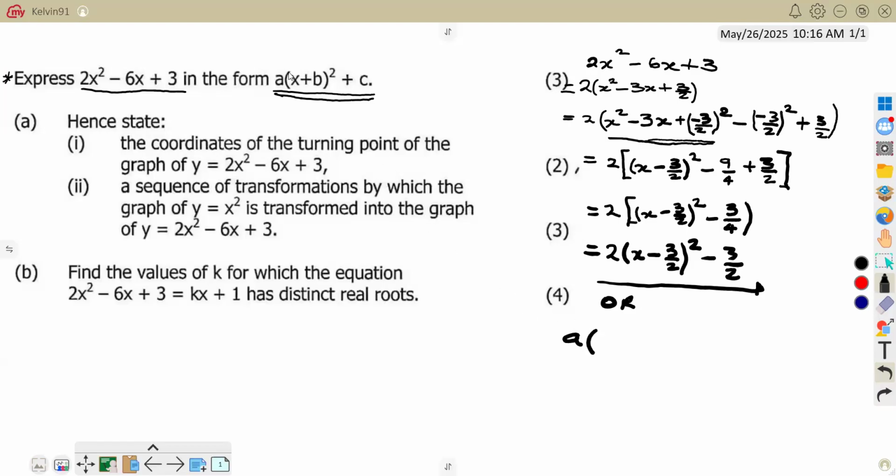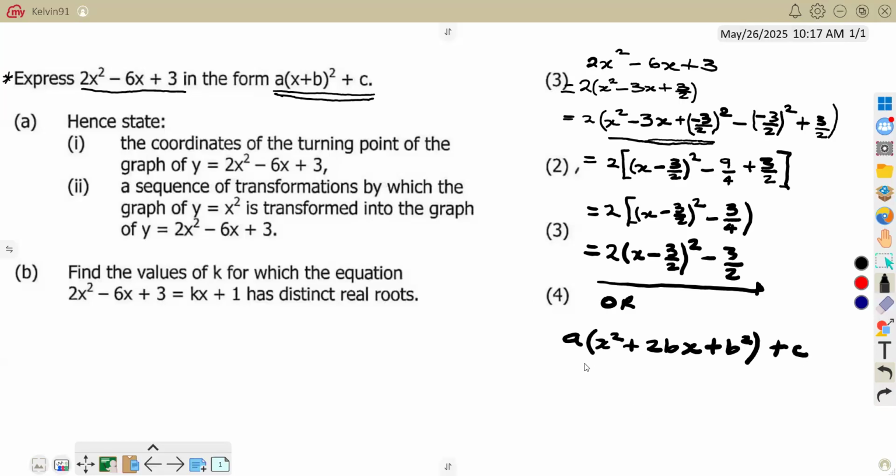When we expand this part, it's going to be a open bracket, x squared plus 2bx plus b squared, close bracket, plus c.